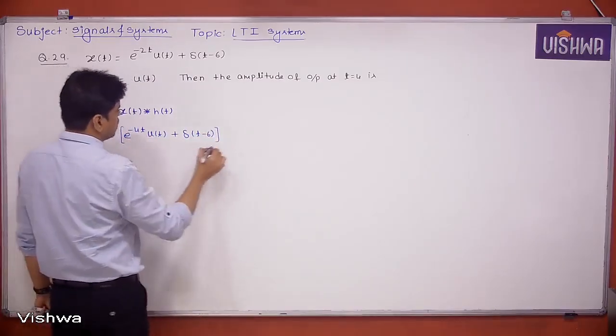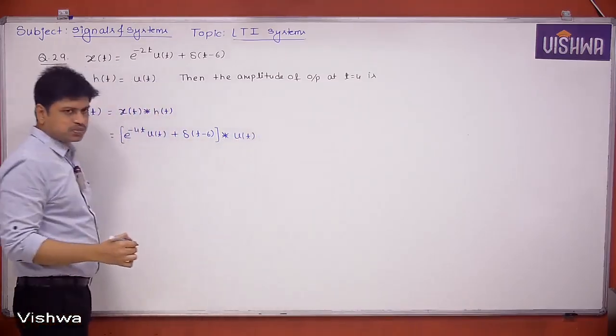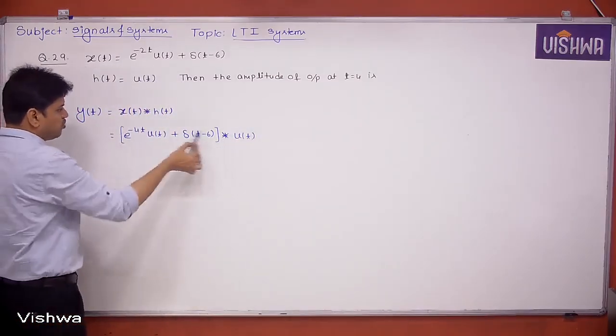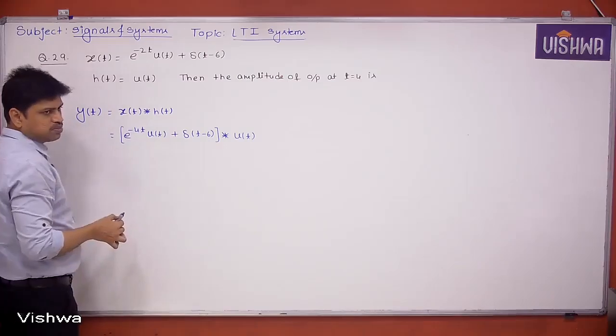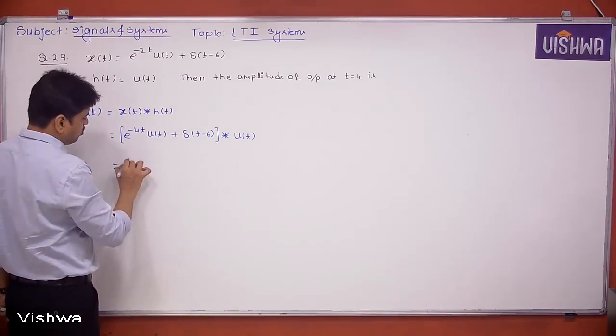This whole thing has to be convoluted with u of t. Now let's see. When a signal is convoluted with u of t, then we have to take the integration. This is the standard form, we know that.